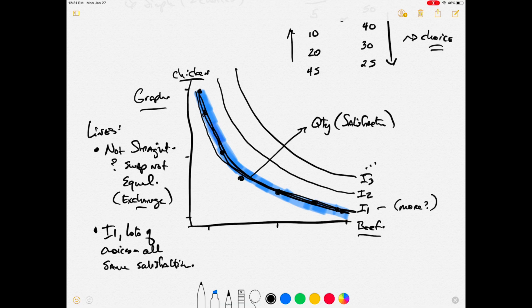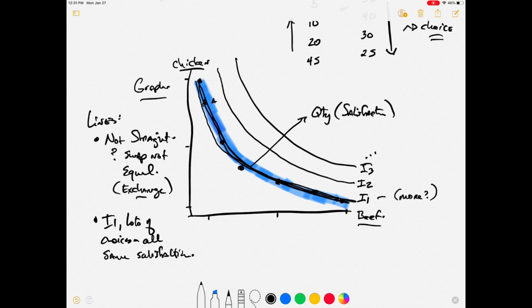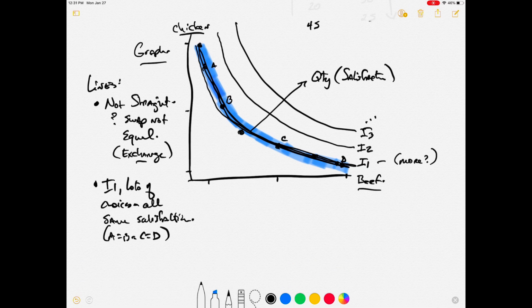So let's do an example here. That'd be easier for me just to draw it. So point A or point B or point C or point D, those are all points along that I1 line, and they really are just different quantities. What you would say is the consumers are just as satisfied. They're just swapping one product for another product. So whenever you see someone buy more of your product, that doesn't always mean they're happier or more satisfied.